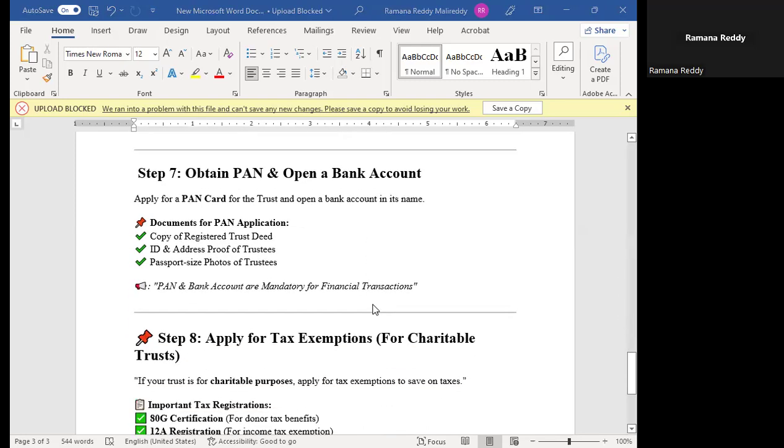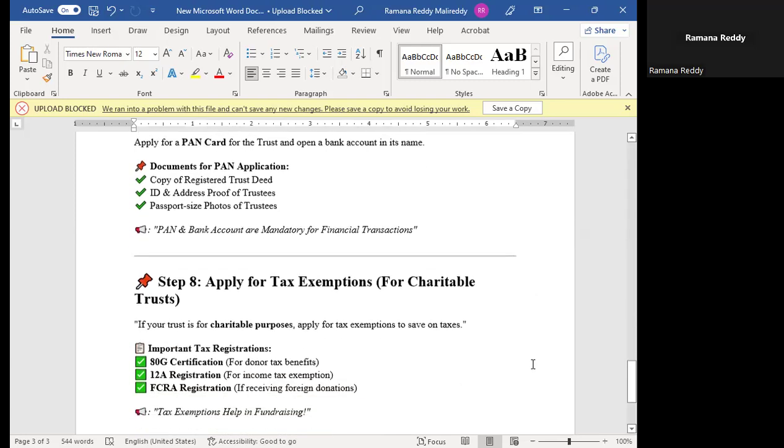Then another step 8, apply for tax exemptions. This is only for charitable trust, public trust. If your trust is for charitable purposes, then apply for tax exemptions to save on taxes.